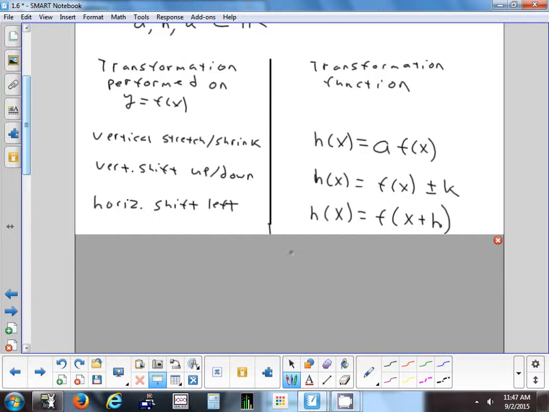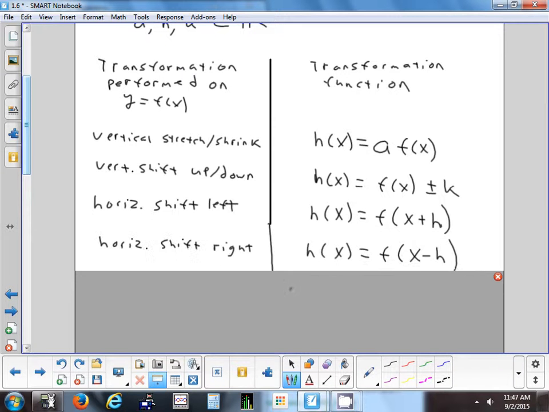The horizontal shift, left or right, is when you add or subtract a number inside parentheses. For shifting left, sometimes I think of it: what comes after the minus sign? Negative. So if you see a plus in parentheses, that's going to shift left.